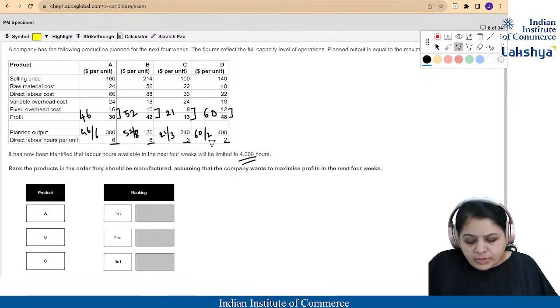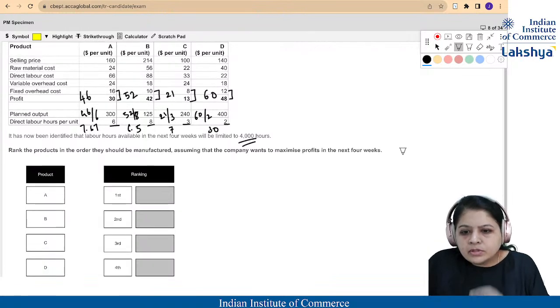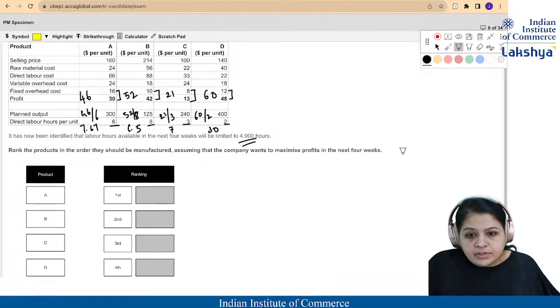So this is going to be 30, this is 7, this is 6.5, and this is 7.67, right? So now we know which product is going to take what amount of labor hours. The highest contribution definitely is the one that gets the maximum labor hours first.